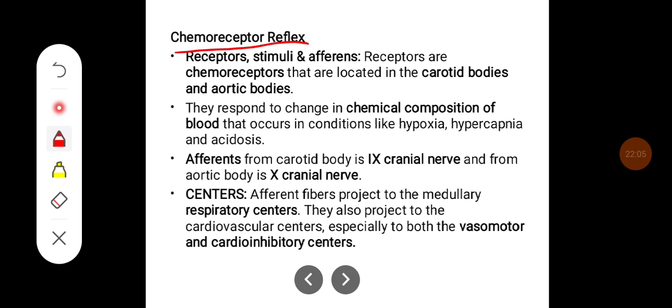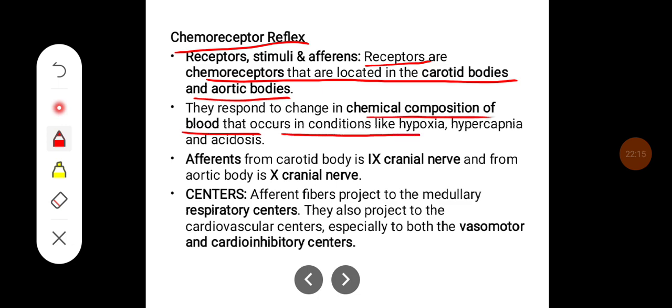Chemoreceptor reflex. The receptors are here, the chemoreceptors that are located in the carotid bodies and aortic bodies. They respond to change in the chemical composition of blood that occurs in conditions like hypoxia, hypercapnia, and acidosis. The afferents are usually the 9th and 10th cranial nerve, and the centers are the medullary respiratory centers.